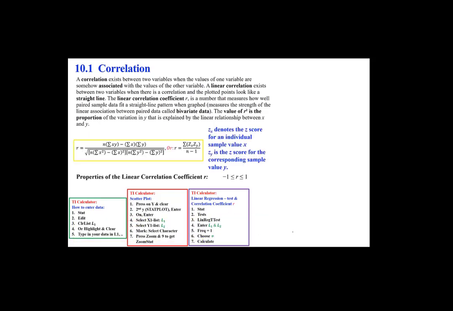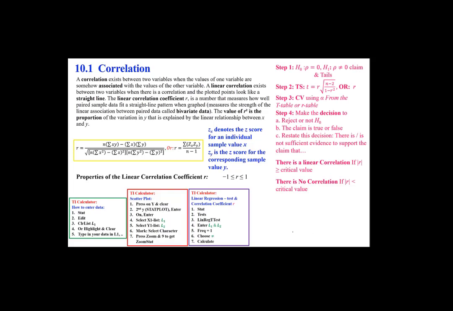Now, obviously, this is the formula. You've seen it before. The properties are between negative and positive 1, that's the values of R. And as you recall, these are the steps involved when we do the test of hypothesis. We write H0 and H1, we come up with the test statistic and critical value, and we make a decision.